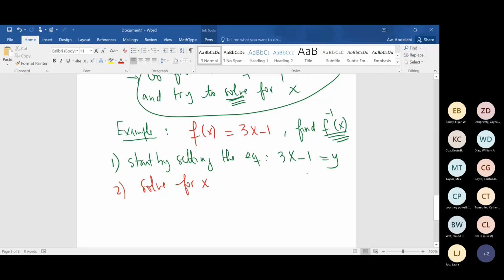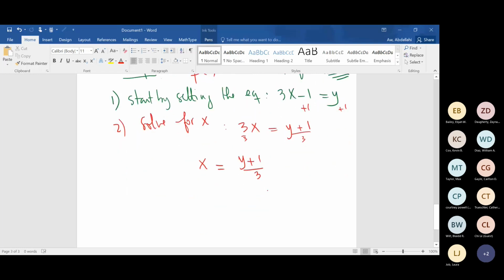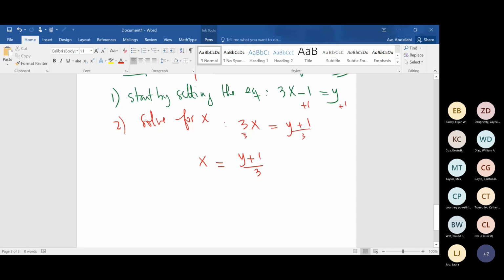We add 1, so we get 3x is equal to y plus 1. And then we divide by 3, so we get x equals y plus 1 over 3. So basically, I got my inverse now. This is f minus 1 of y. Remember, if f of x equals y, then f minus 1 of y is equal to x, right?